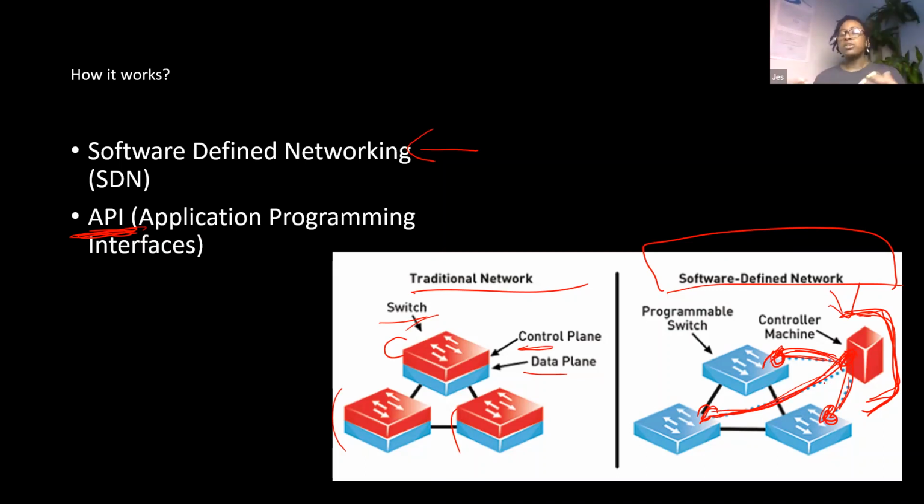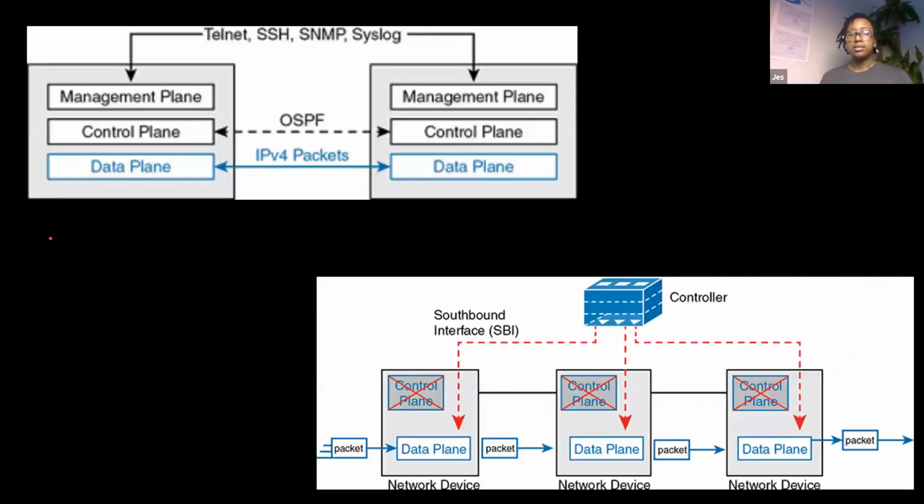You're just telling them where you want it to go, giving them the blueprint. And then the controller machine is going to do that quicker than you can, because it's software defined and it's doing it through what? APIs.